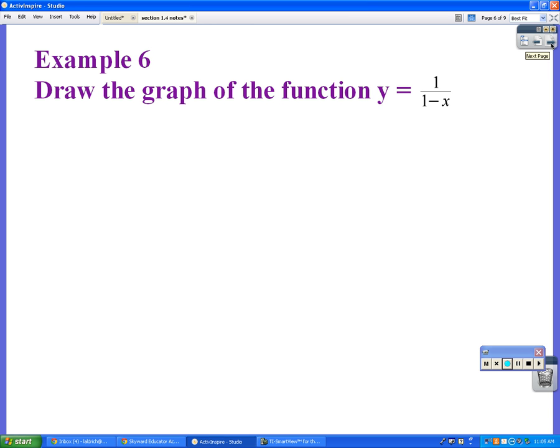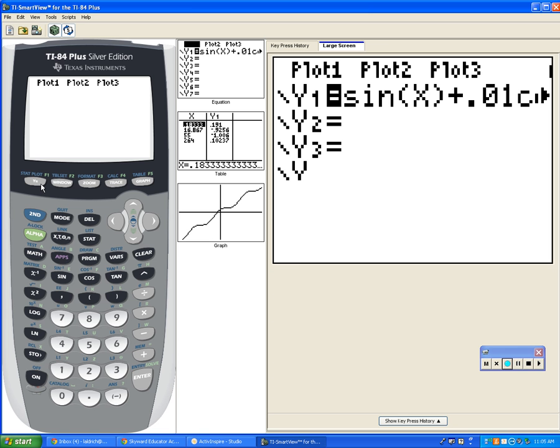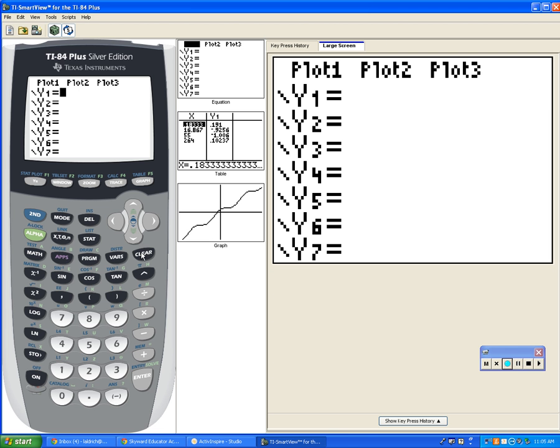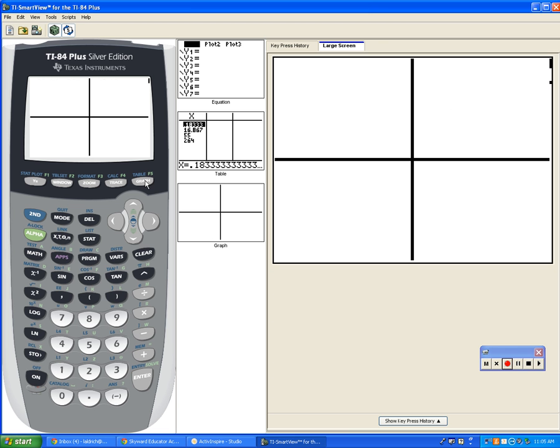I don't think you need to do this one. Well, let's just check to make sure: 1 over 1 minus x. I can't remember if mine connects the dots or not. First of all, make sure you go 1 divided by parentheses 1 minus x. Then zoom 6.